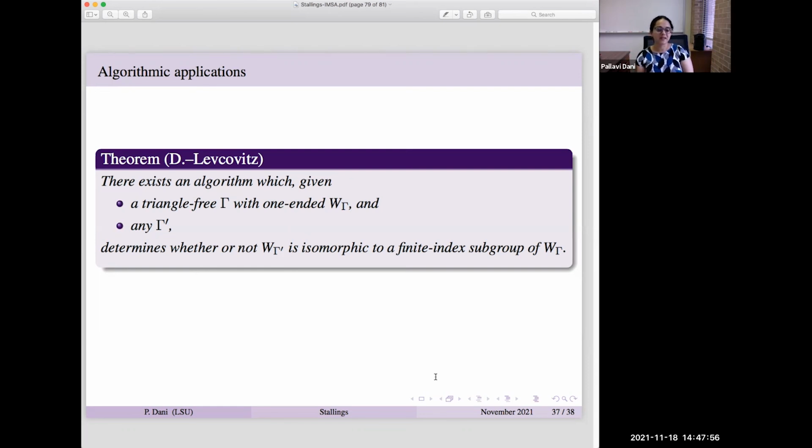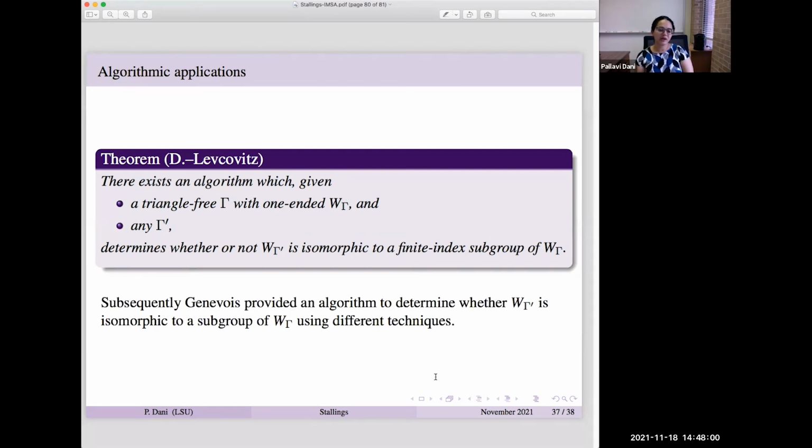And again, this uses completions. Subsequently, Genevois gave an algorithm to determine this without the finite index properties using completely different techniques. Okay, so let me stop there.